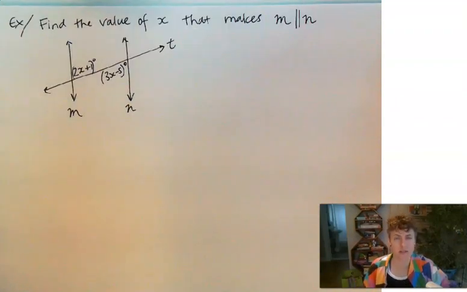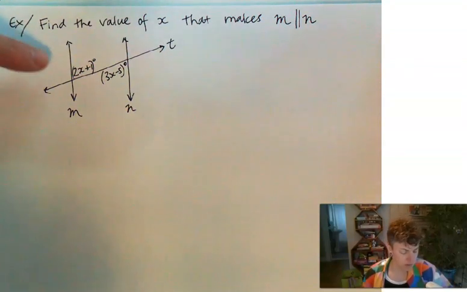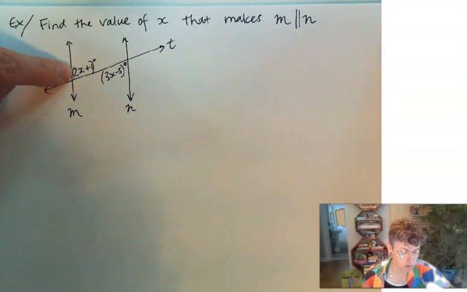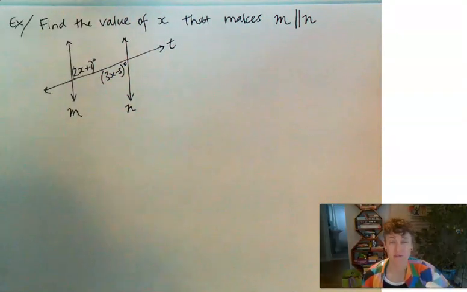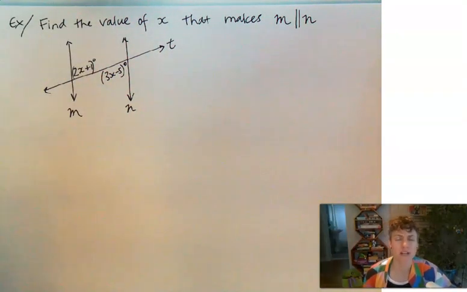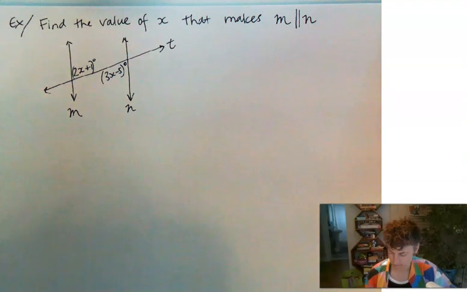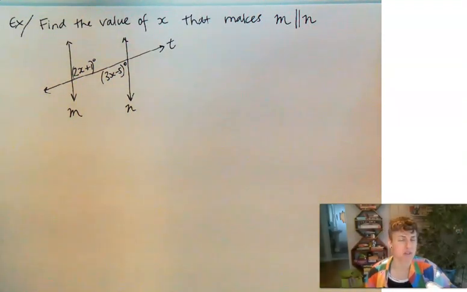Alright, our first example, we're going to find the value of x that makes these two lines parallel. So we're given some angle measures. This guy is 2x plus 1 degrees. This guy is 3x minus 5 degrees. If we want those lines to be parallel, what needs to happen with those two angle measures? Well, what position are those angle measures in?